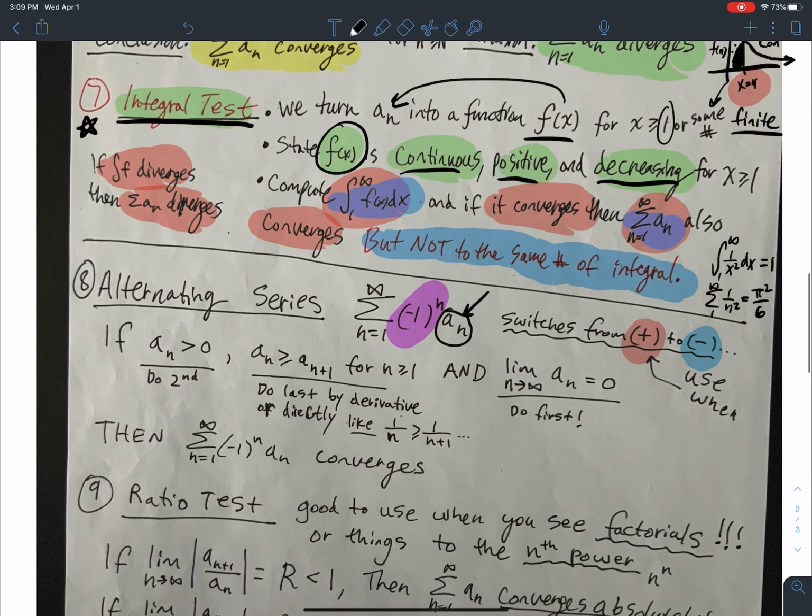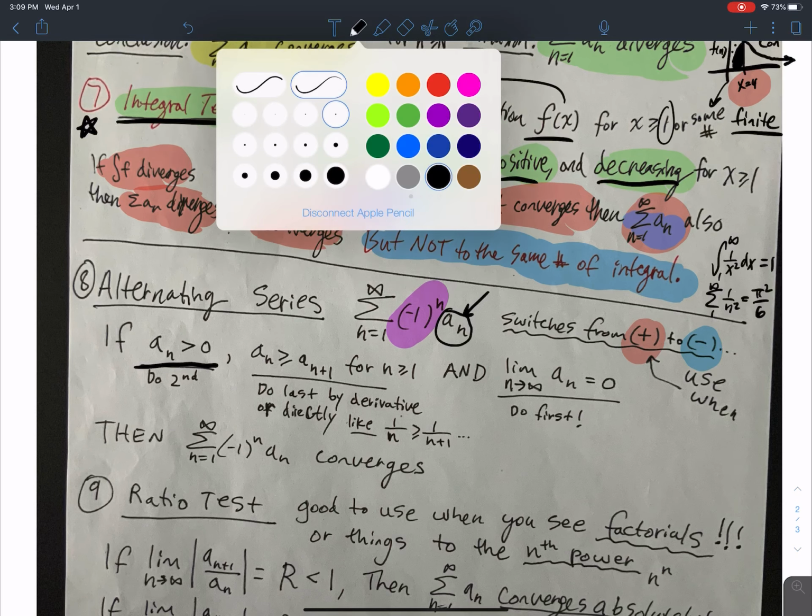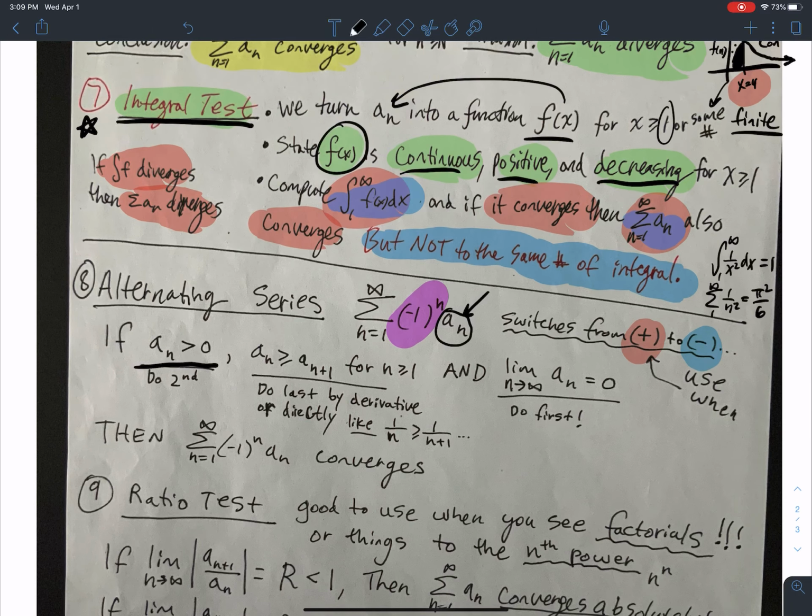That's how we've defined it for our alternating series. We want that a_n part to be positive. Now, to show this, we need to start with some assumption. If our n starts at 1, we can assume for n greater than or equal to 1, because n equal 1, n equal 2, n equal 3, n equal 4, n equal 5, and so on.